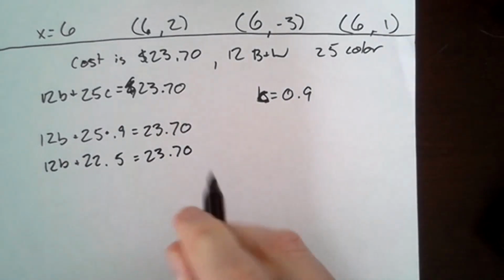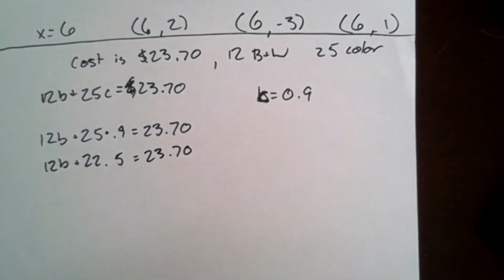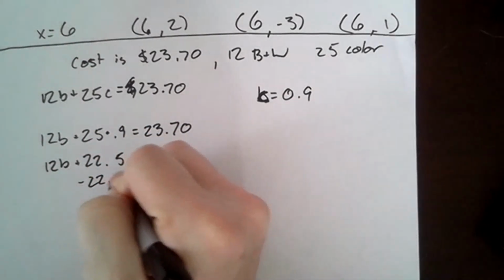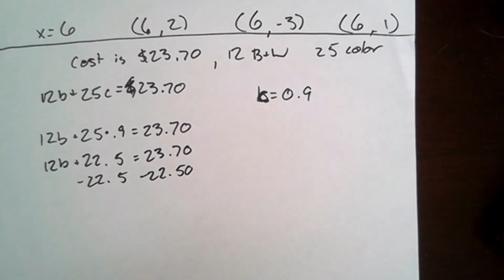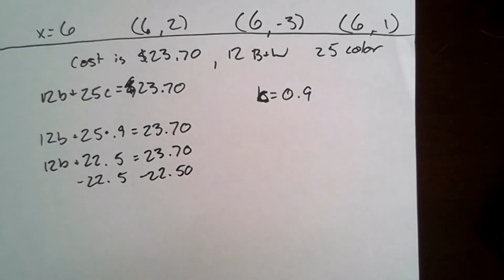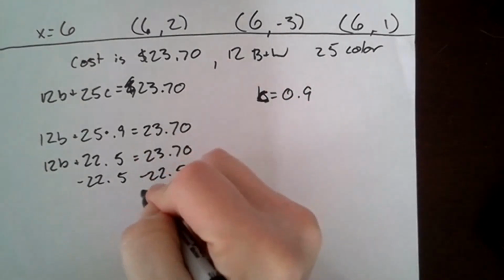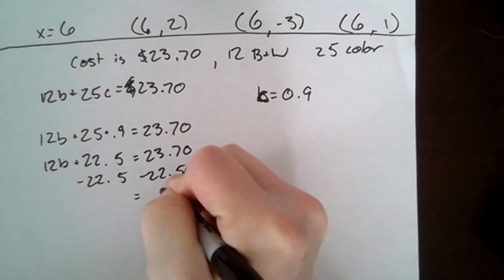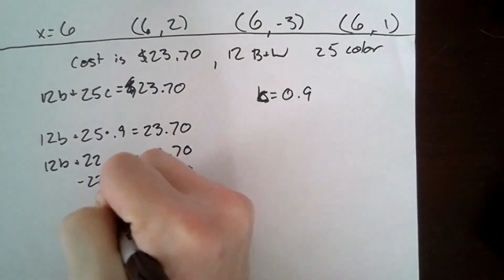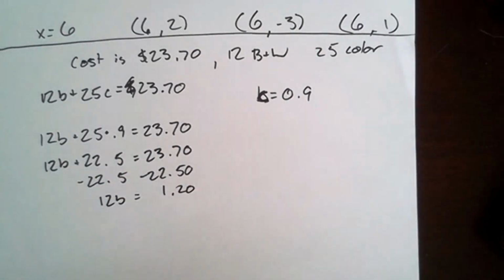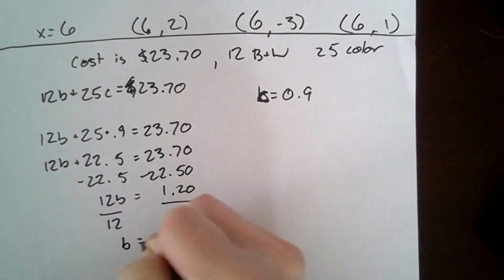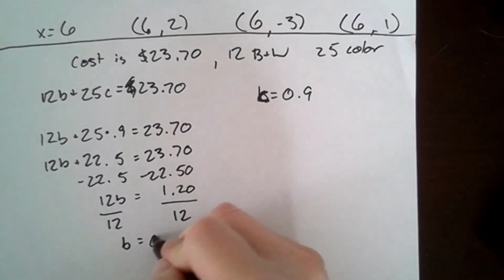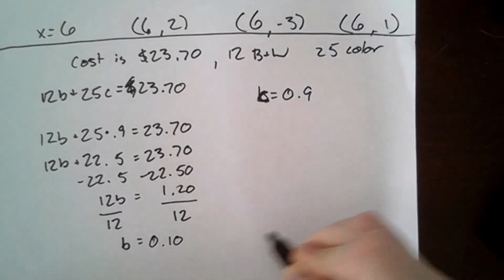So I subtract 22.5 from both sides. And that gives me $1.20 is 12B. So if I divide both sides by 12, I get B equals 0.10, or 10 cents.